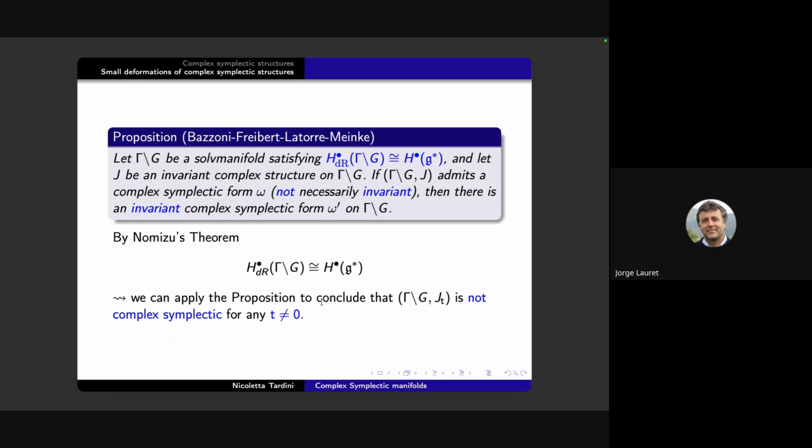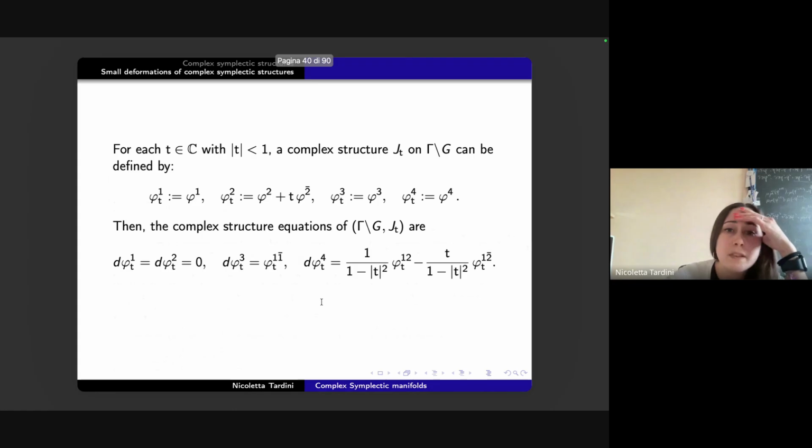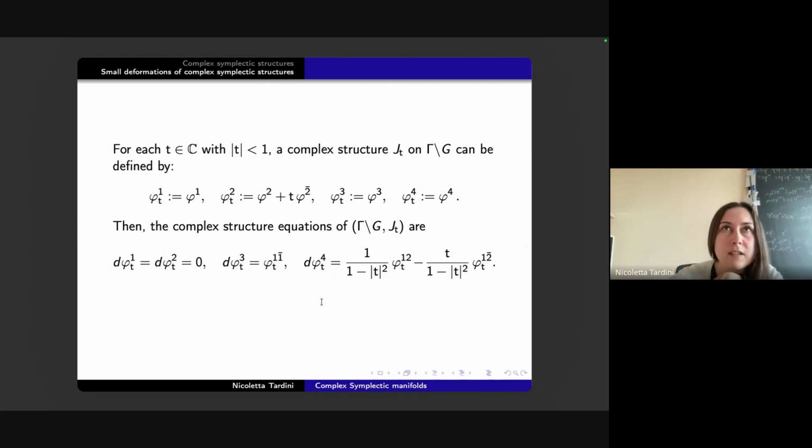Did the Hodge numbers, I don't know, 1, 1, 2, 0, change with the deformation? Do you know? Let me think, because for sure we didn't check the Hodge numbers, but I think we checked the H20 Bott-Chern, because you will see later that in fact if H20 Bott-Chern is not changing along the deformation, then we have stability.